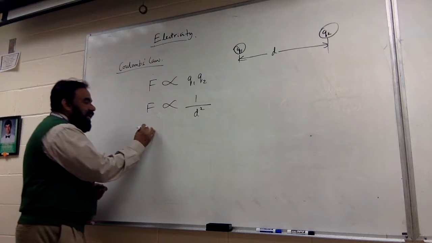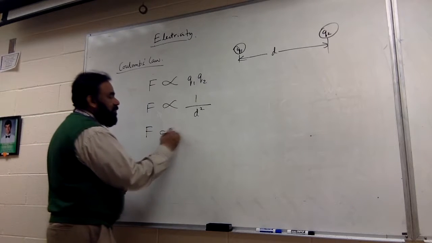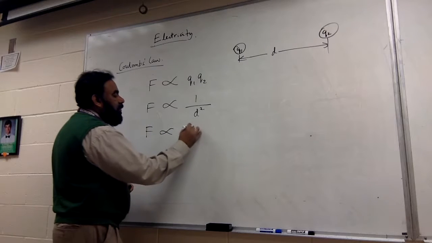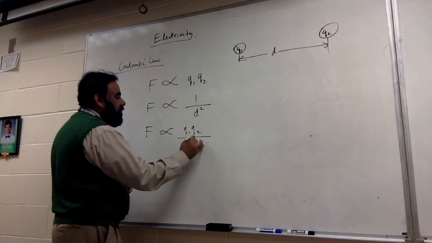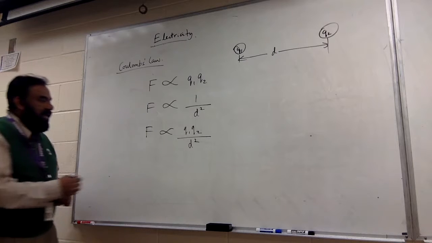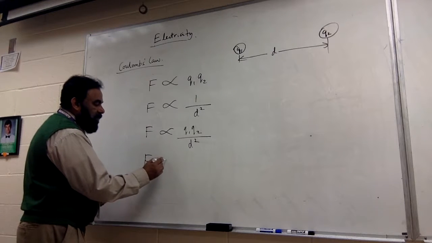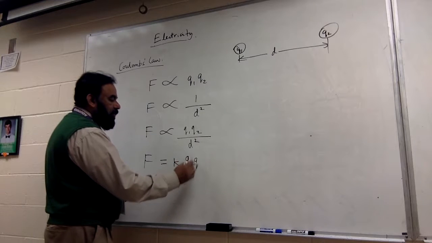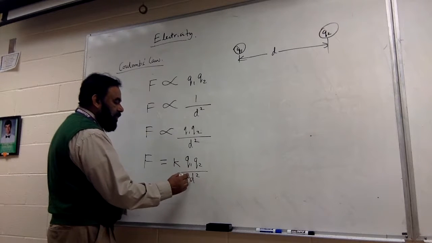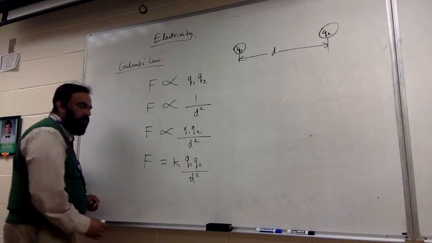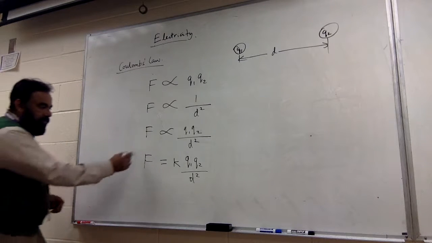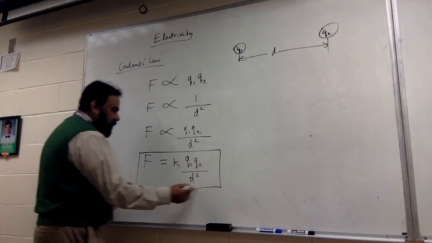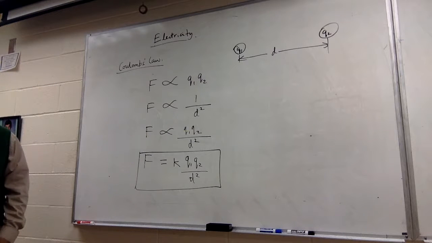Combining these together, F is proportional to Q1 Q2 over D squared. And we'll put a constant of proportionality, which is K: F equals K Q1 Q2 over D squared.